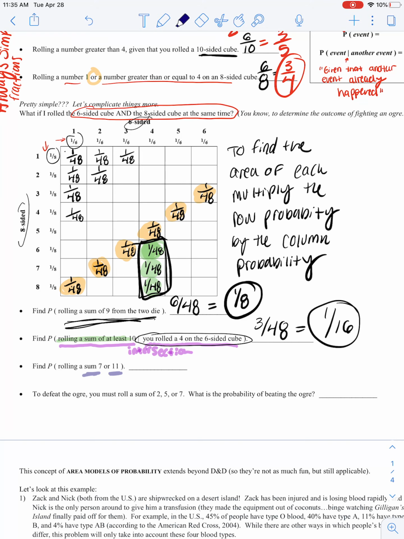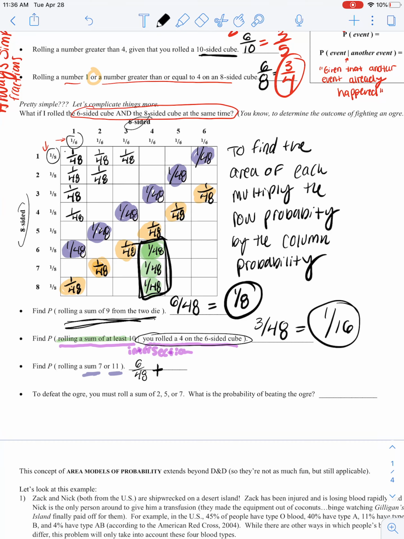Let's start with 7. 6 plus 1 equals 7. 2 plus 5 equals 7. 4 plus 3 equals 7. 4 plus 3 again equals 7. 5 plus 2 equals 7. 6 plus 1 equals 7. So that's all of the sums of 7. Remember, these are all 1/48. Okay, so 1, 2, 3, 4, 5, 6. That's 6 out of 48.